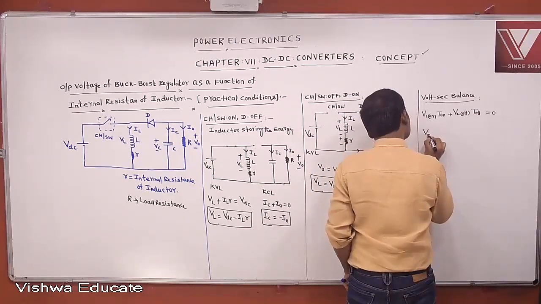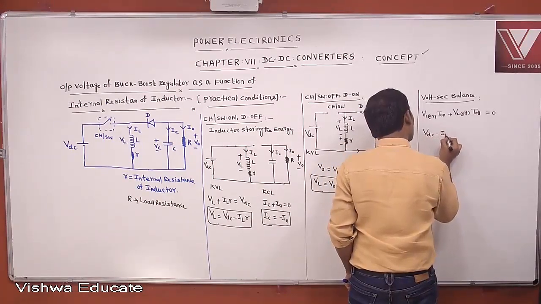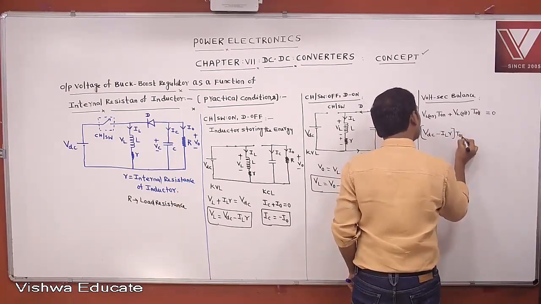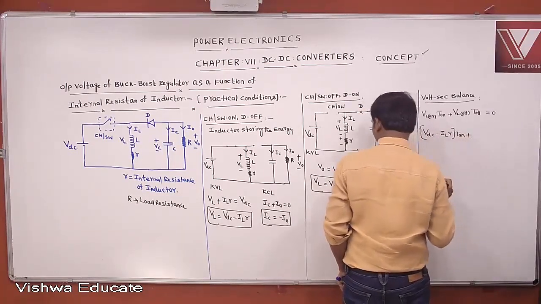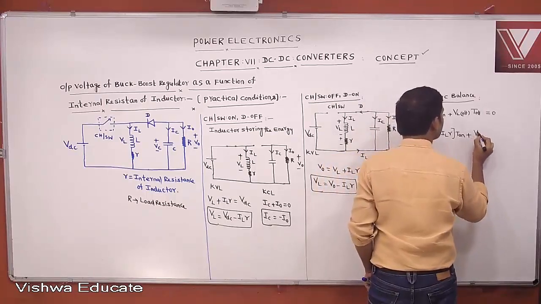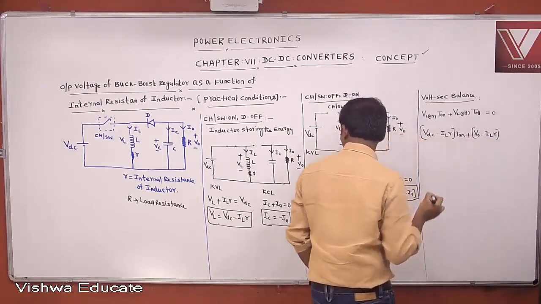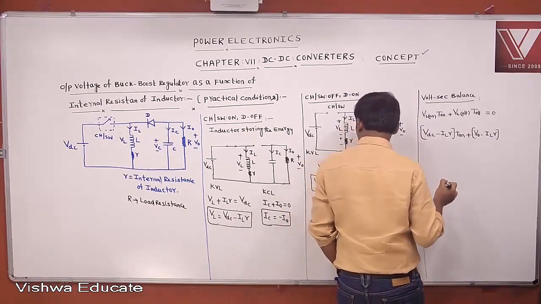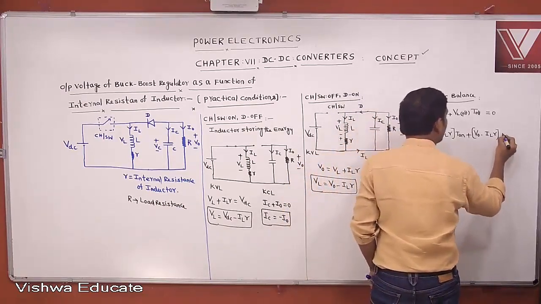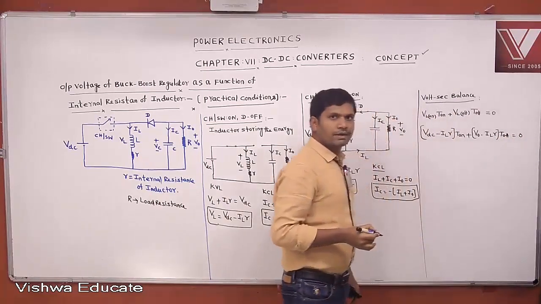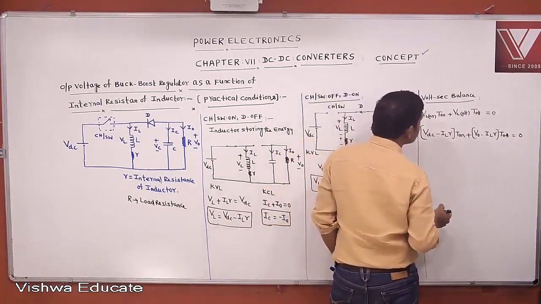VDC minus IL into r, into T on, plus, what is VL off? V0 minus IL into r, into T off, is equal to 0. It's correct. Shall you write like this?